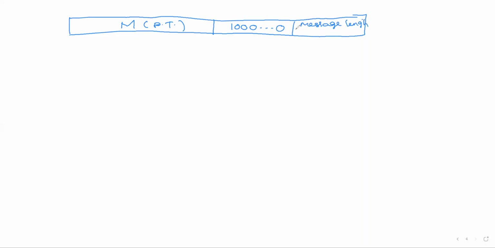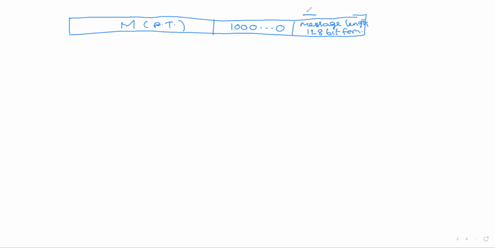First we are taking M, which is nothing but the original plain text message, then padding bits, which are nothing but one followed by zeros, then the message length in 128-bit format.